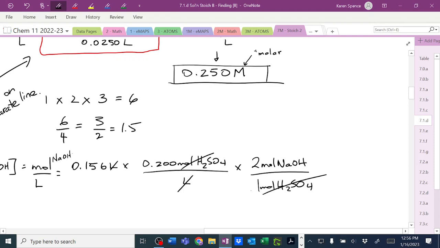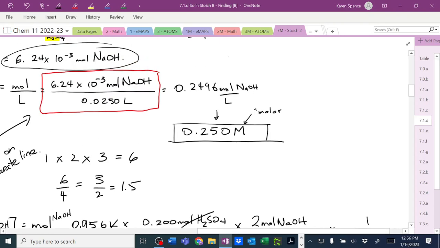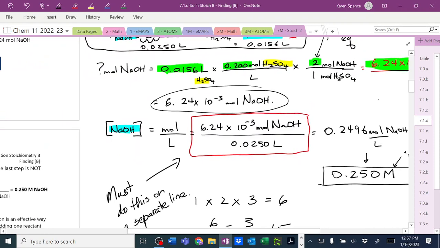So far I'm good, right? But I've said I'm solving for moles over liters. So if I want to do that, I can put a 1 in the numerator, and I can put my 0.0250 liters in the denominator. You're allowed to do that. If that makes you uncomfortable, do it on a separate line, like here.